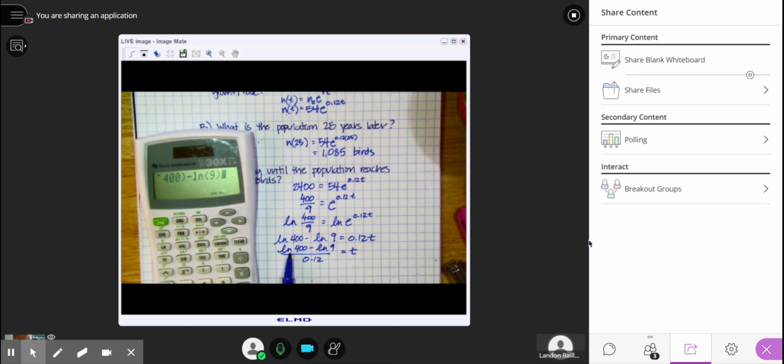I'm going to do the ln 400 minus ln 9 first, because that's my numerator. Figure out what that number is, then divide it by 0.12, to get 31.6 years as approximately my time.